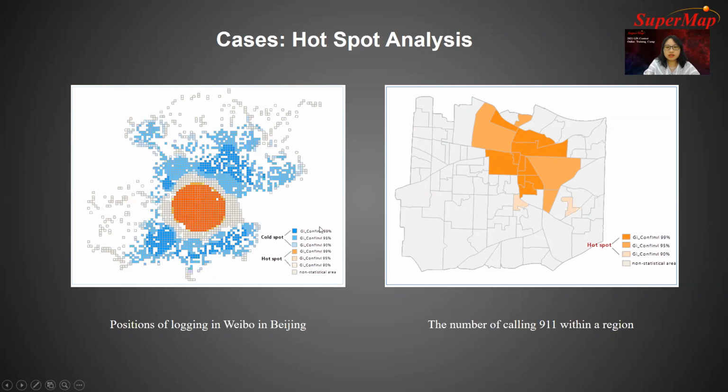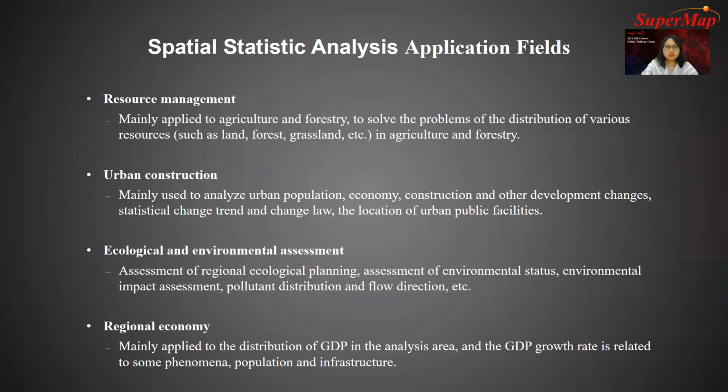And the second example is the number of calls to 911 within a region. Here we can see which areas are hotspots and which areas have no one calling 911.